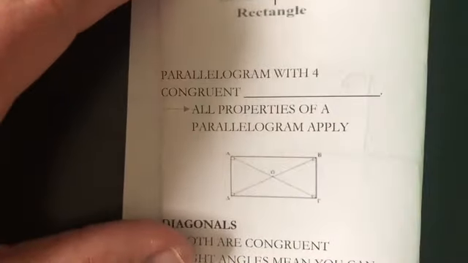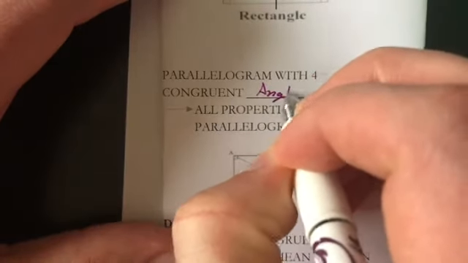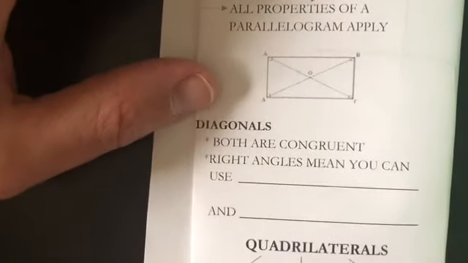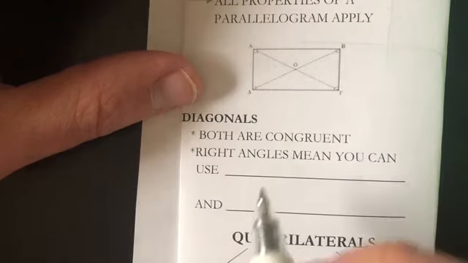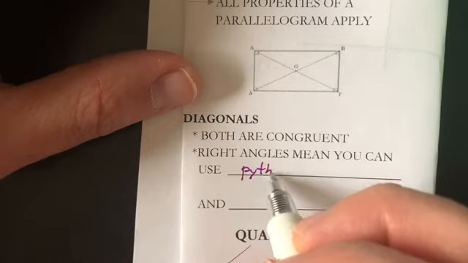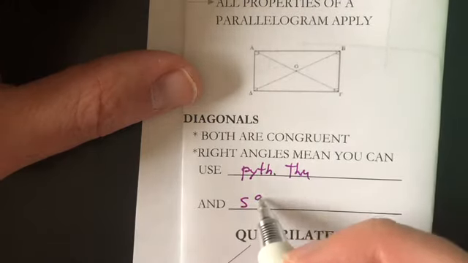For a rectangle, a parallelogram with congruent angles, or equiangular, which we talked about earlier in the notes. Its diagonals are congruent, and the right angles mean you can use the Pythagorean theorem and our trigonometry.